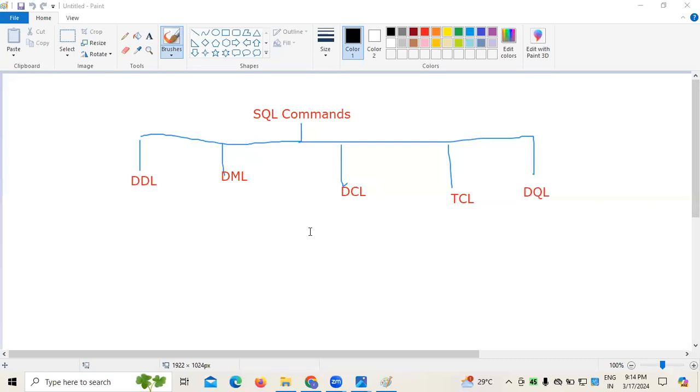The second one is called DML, which stands for data manipulation language.